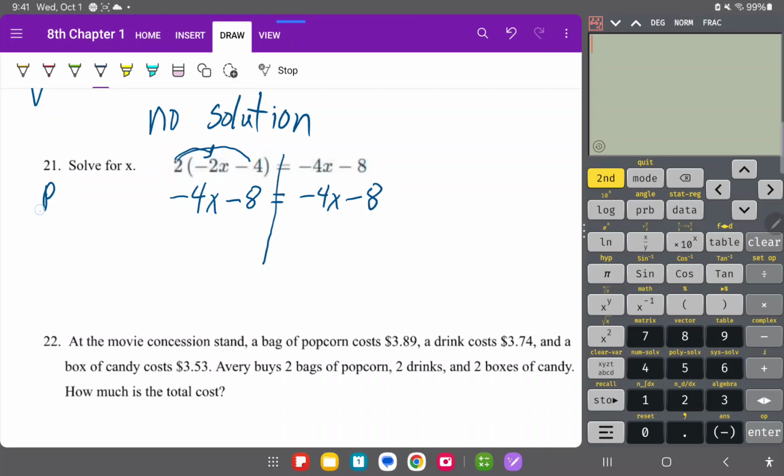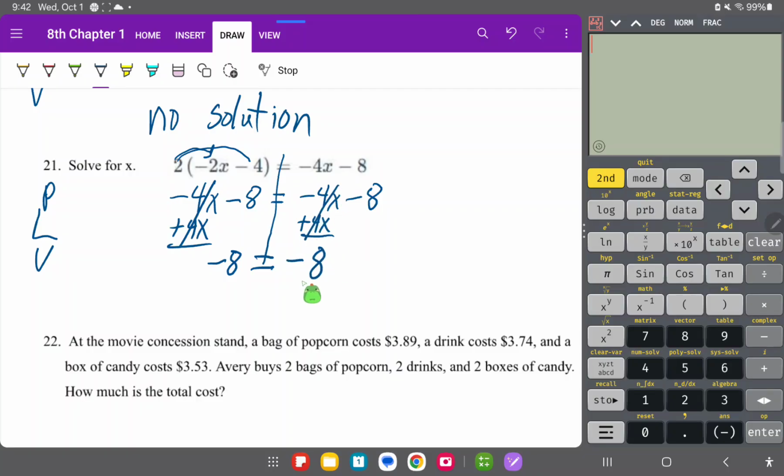There are no like terms on each side, but we do have this variable on each side that we need to put together. So this is a minus, and we're going to add 4x. Negative 4x plus 4x cancels out. So we bring down our negative 8, bring down your equals. It also cancels out over here.